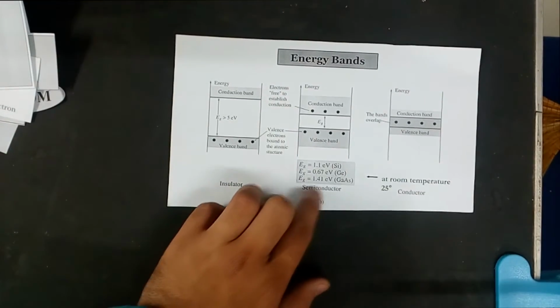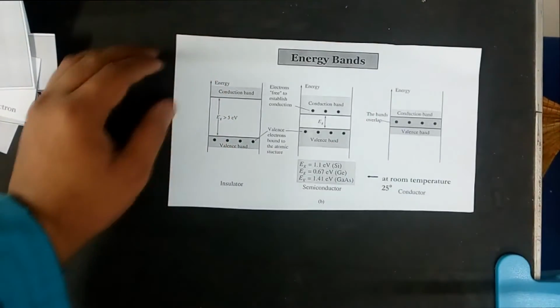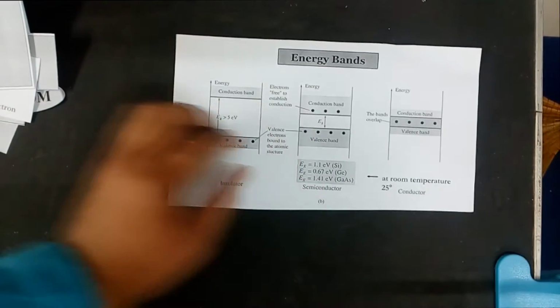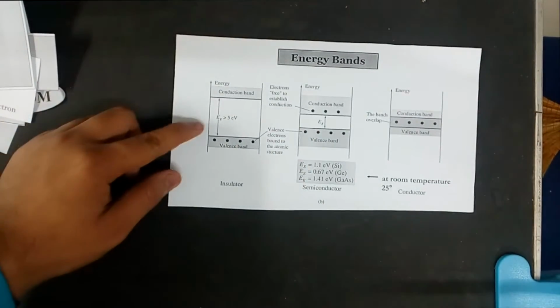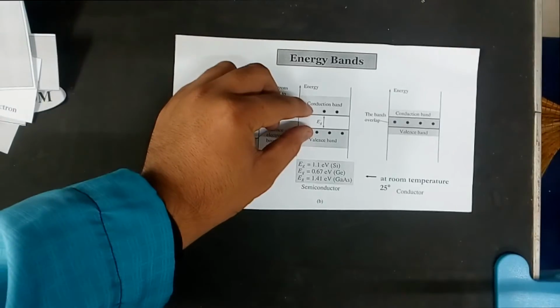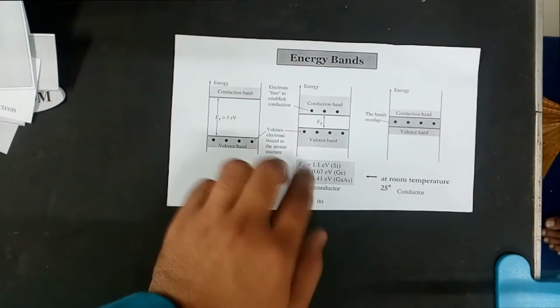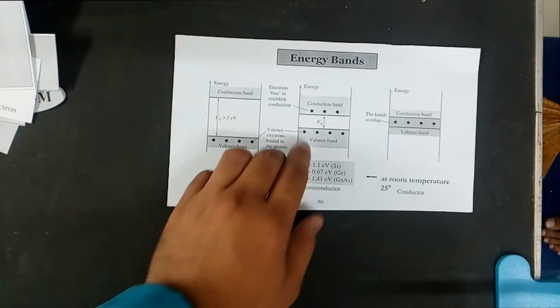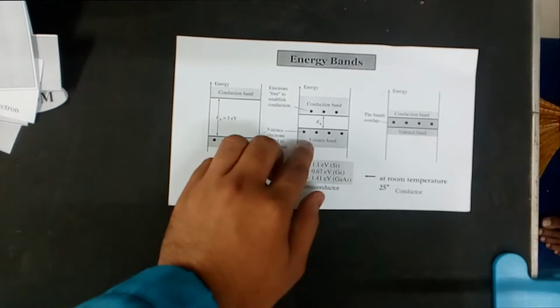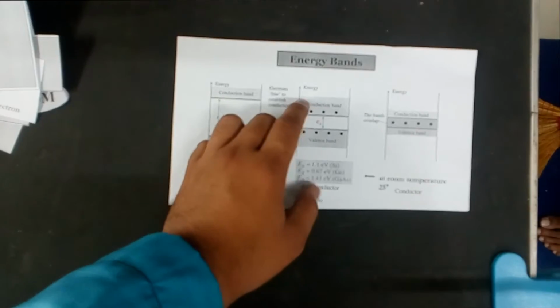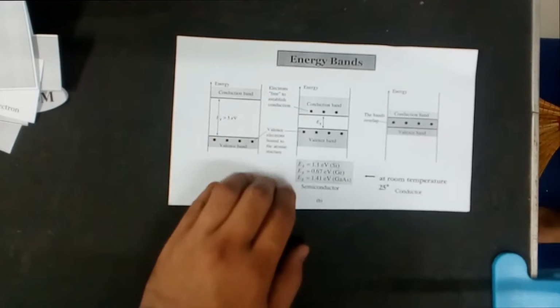The next one is semiconductor. As you can see, the energy gap of the semiconductor is a little bit smaller compared to the insulator one. So, the energy needed by an electron in order to jump to the conduction band is specific to certain elements.